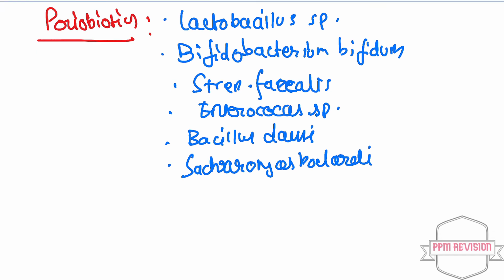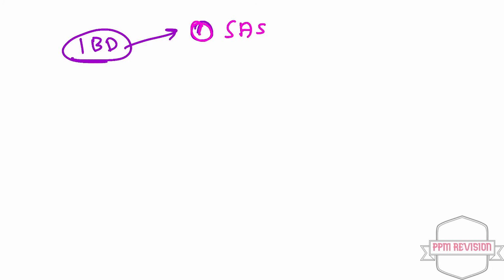Okay, now moving to the next topic, we have the inflammatory bowel disease. Under the inflammatory bowel disease, let me show the broad headings first, that is, it includes 5 ASA compounds. Next, it has glucocorticoids.